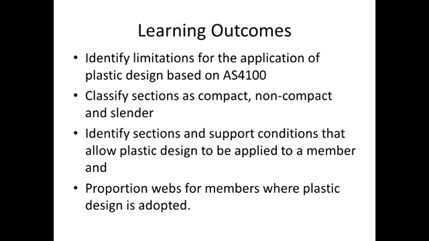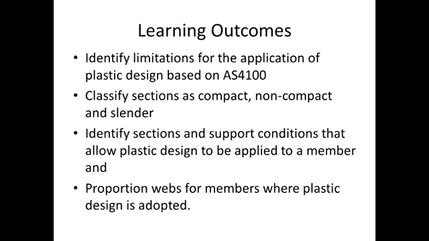So we'll look at what these limitations are, and we will also look at definitions or classification of sections, which I think we are quite familiar with. So to see how we can classify a section as compact, non-compact, and slender.